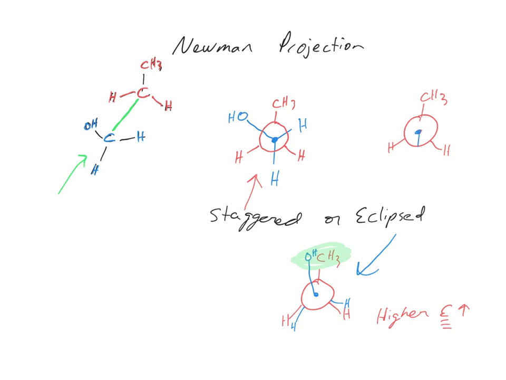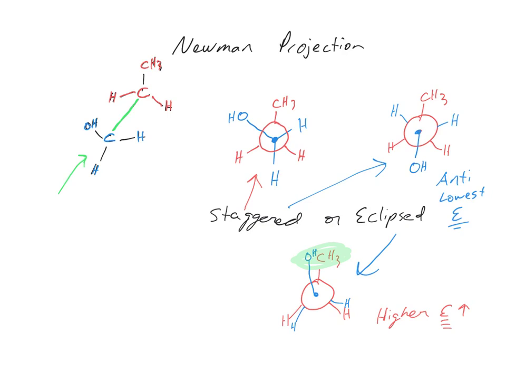So we want that at the bottom, and we'll put my two hydrogens here. So this is also staggered, but this one's going to be anti, and this is the lowest in energy. And it's the lowest in energy because we've put our two biggest groups, right? For the red, the biggest group between the methyl and hydrogen is the methyl. And so we've made them staggered, and we put the two biggest groups apart.